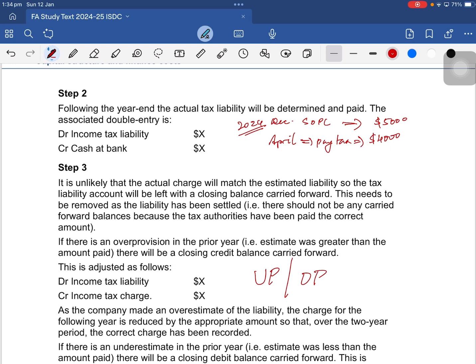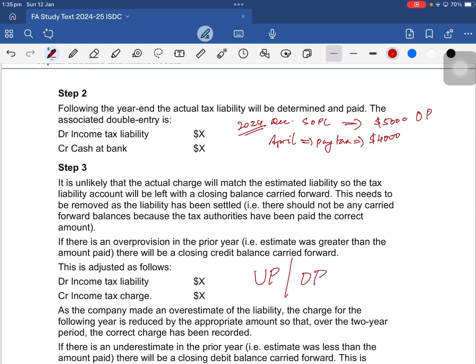This would mean that whatever I have calculated is much more than what I should actually pay. So that means I have overly taken the amount last year. So that is called over provision.